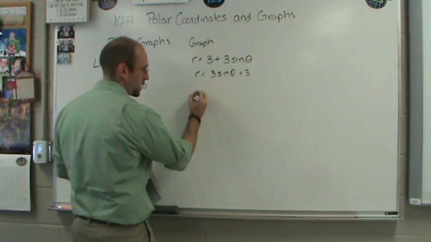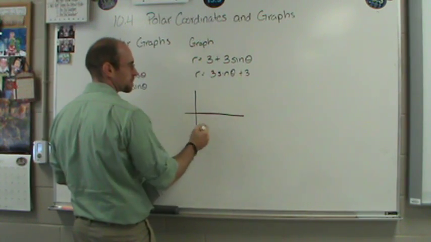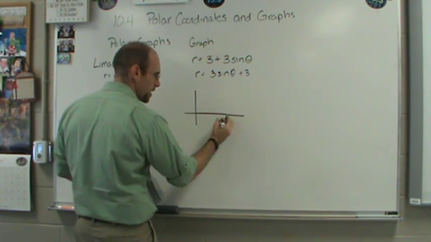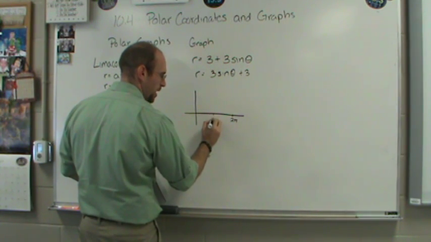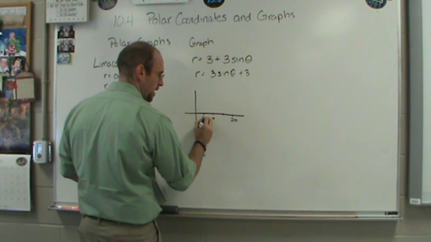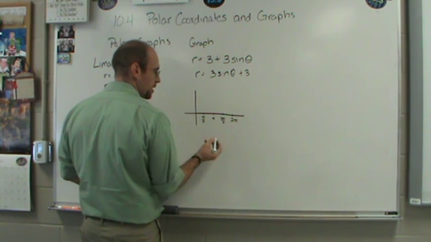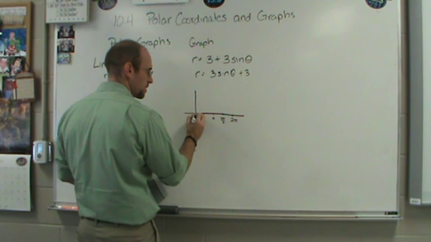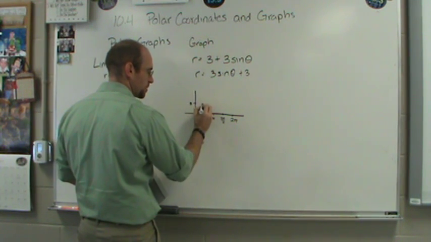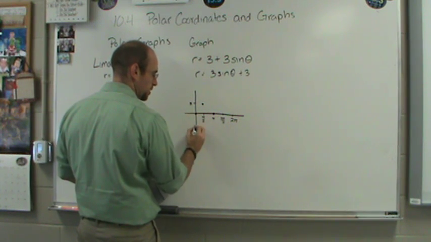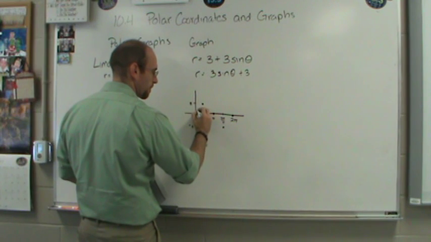So if I were to do a little sketch of this, without the 3, we know that sine has a period of 2 pi. Here's pi, pi over 2, and 3 pi over 2. Normally sine is at 0, and then if the amplitude is 3, it goes up to 3, down to 0, negative 3 here.